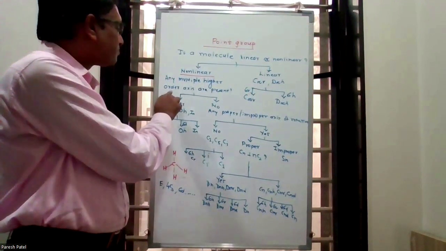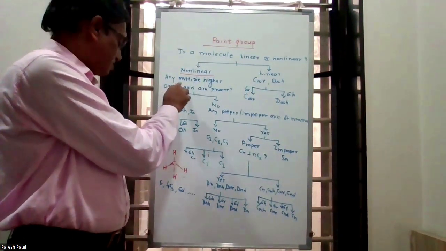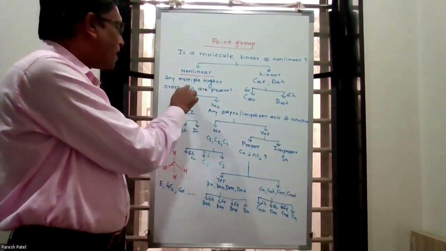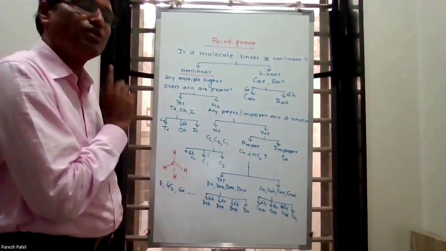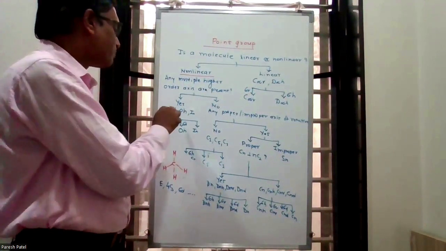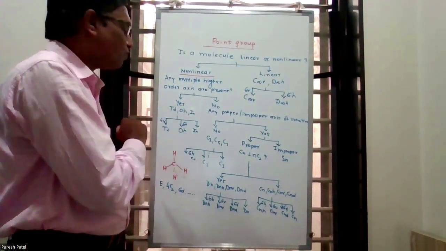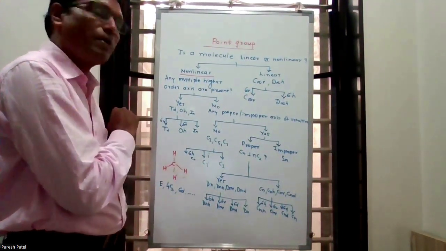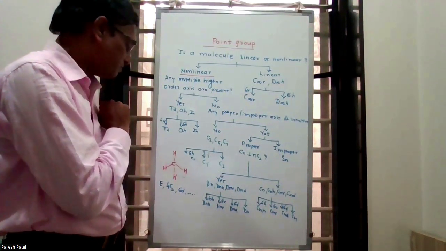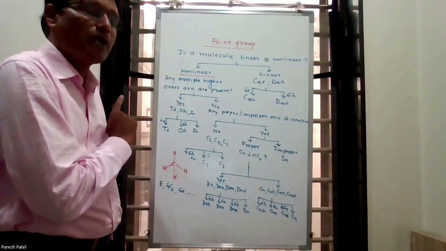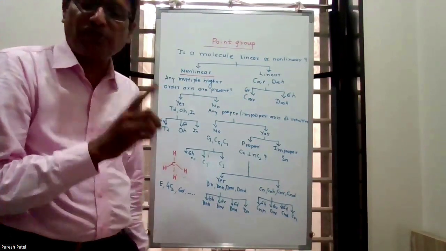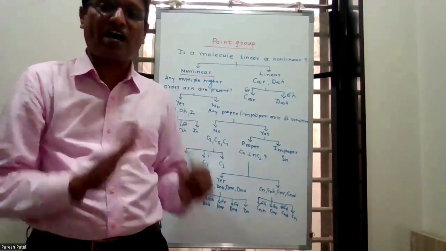So multiple higher order axes are present in case of the methane molecule. It means TD, OH, or IH point group may be present. Now, this molecule also consists of sigma D, and the shape of this molecule is tetrahedral.